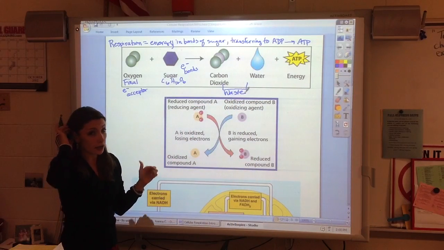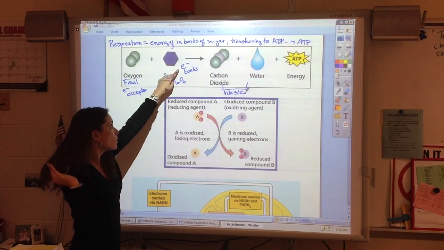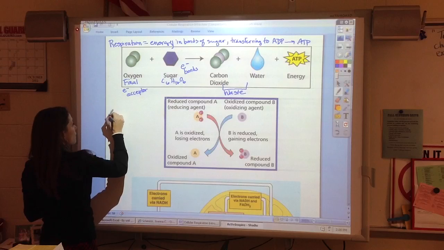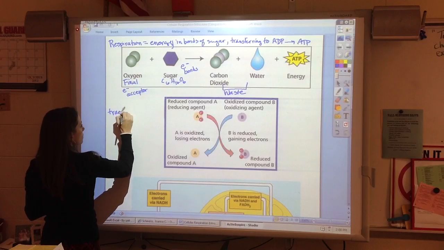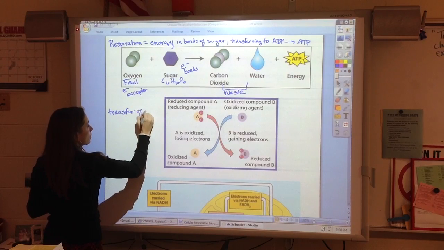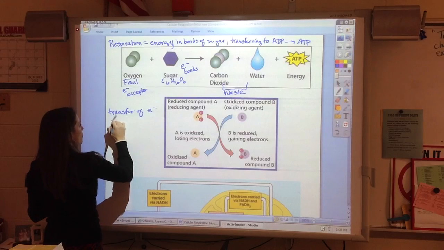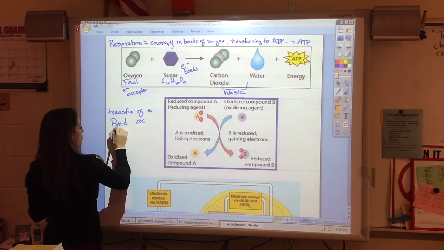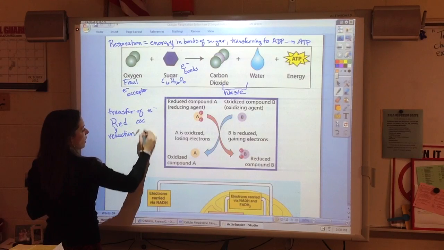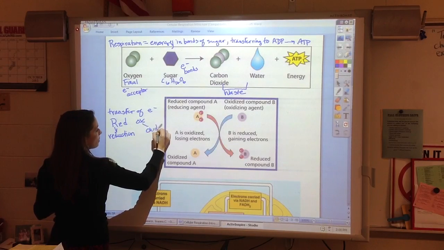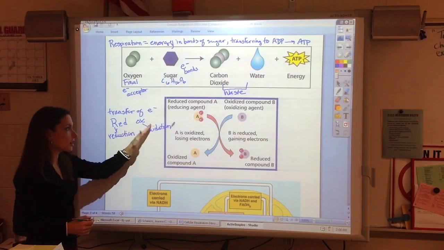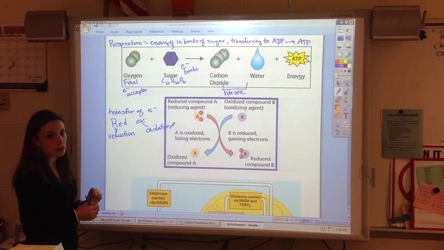So we want to do a quick chemistry review of when I'm transferring electrons. The transfer of electrons is called redox: reduction and oxidation, and they always go together.